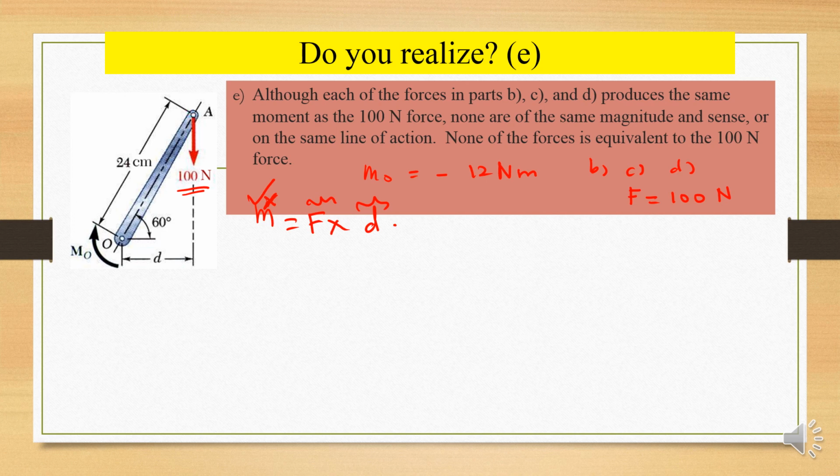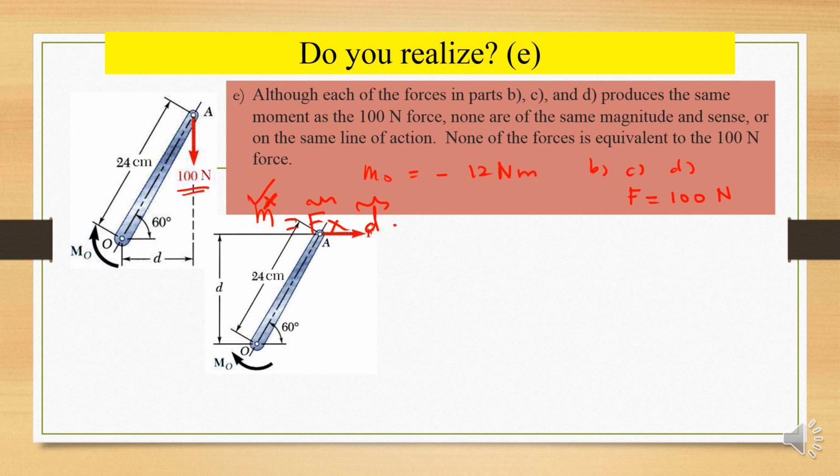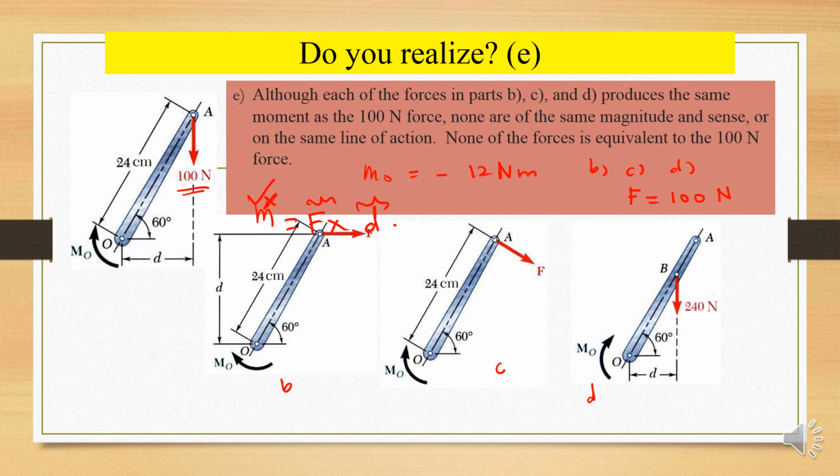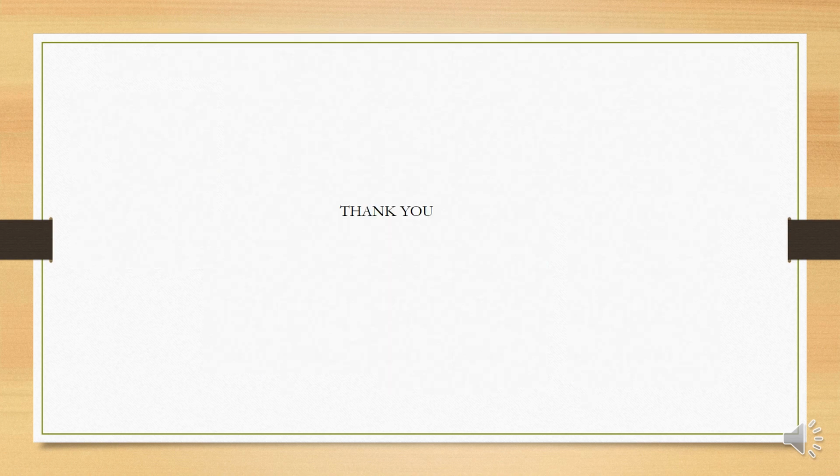Therefore F will change with the change of D. Where the point of F is different or the direction of the F is different, that is why it may cause change in D. This one is for question C, this one is B, and this one is D. So that's it for this example. See you in the next part.